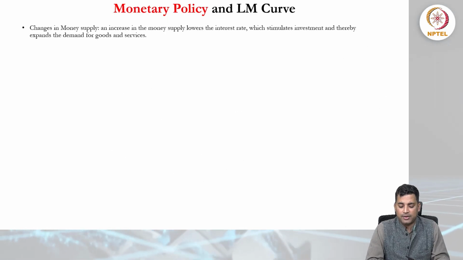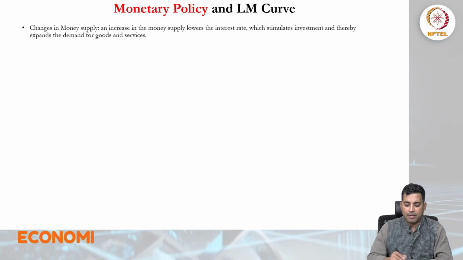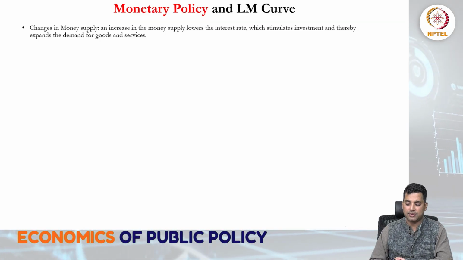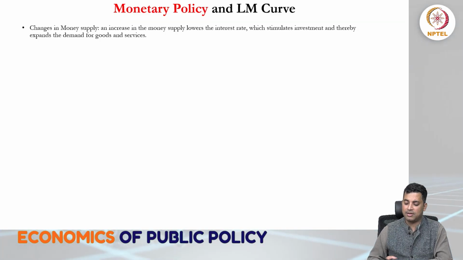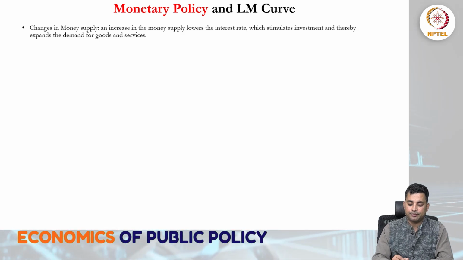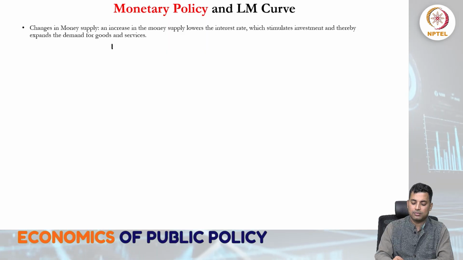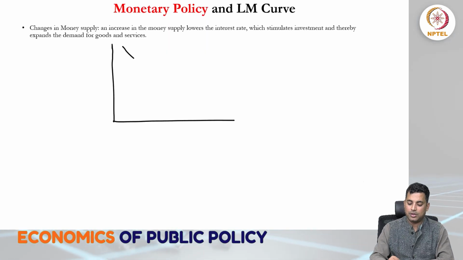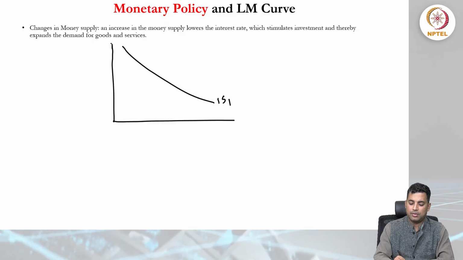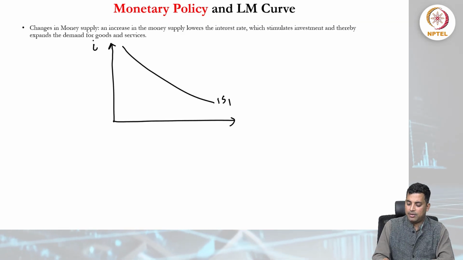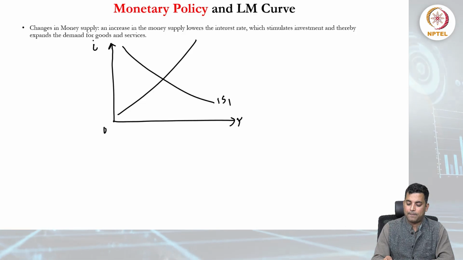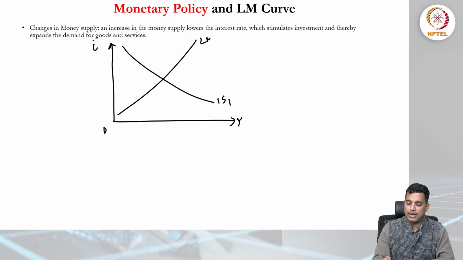So now monetary policy, changes in the money supply. An increase in the money supply lowers the rate of interest, which stimulates investment and thereby expands the demand for goods and services, right? So IS curve will be fixed, and here rate of interest, this is LM curve.